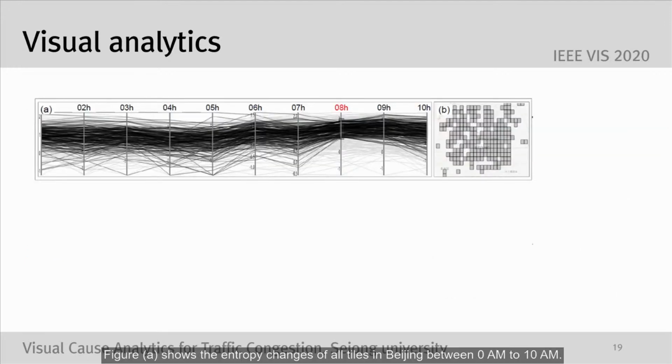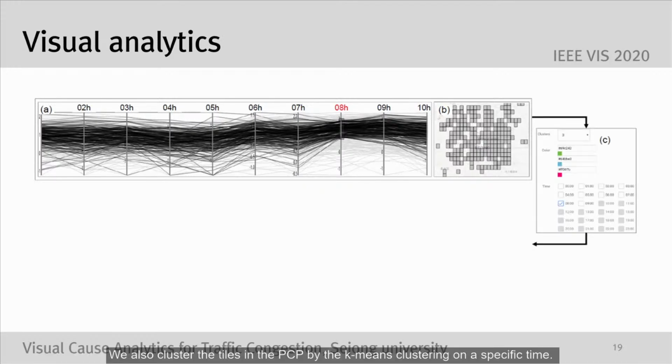Figure A shows the entropy change of all tiles in Beijing between 0 AM to 10 AM. We select the time in the PCP and brush the entropy range to see corresponding tiles on the map in B. We also clustered the tiles in the PCP by k-means clustering at the specific time.